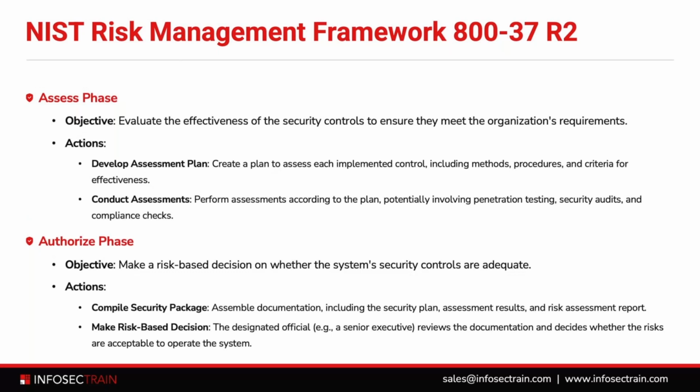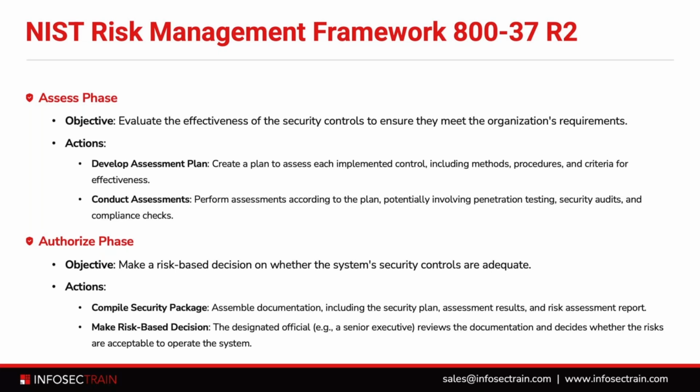Unless we really understand how effective these controls are in terms of the security protection coverage they offer, the blind implementation of the controls really does not cater to our needs. So it is very important to assess the effectiveness of the controls.